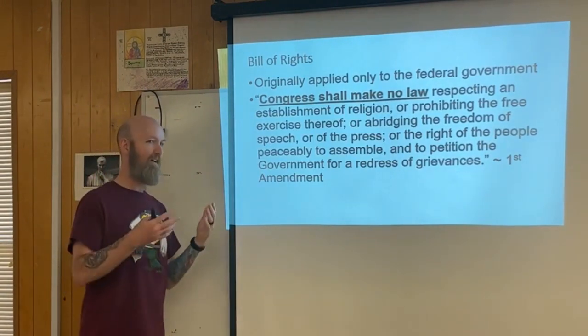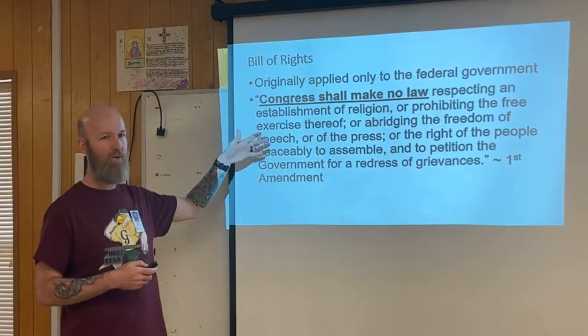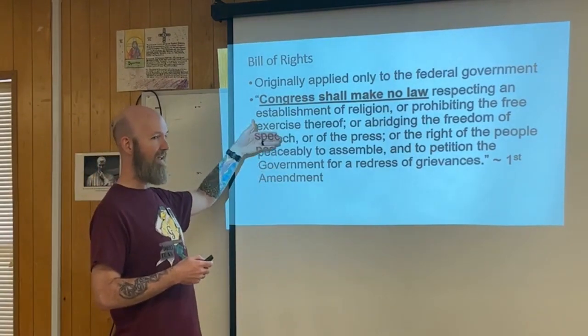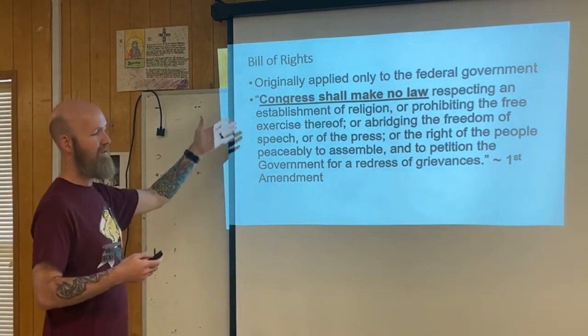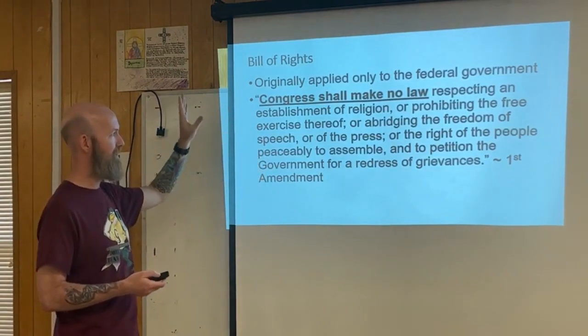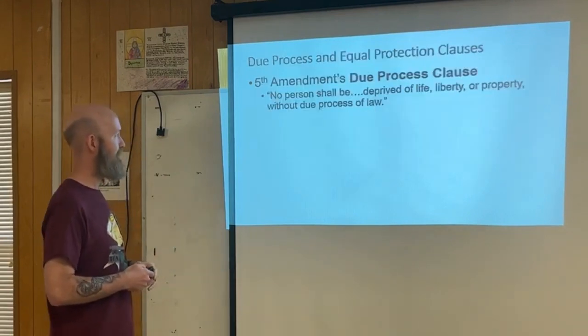And that was okay under the US Constitution because the Bill of Rights did not apply to states. It only applied to the national government. States couldn't violate the Constitution, but in this case, it wasn't a violation of the Constitution because the Constitution only prohibited Congress from establishing a state church.